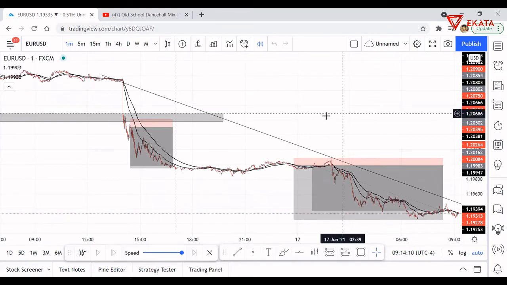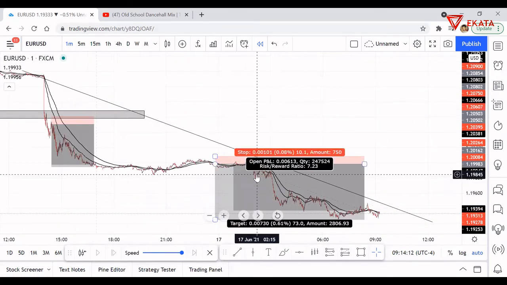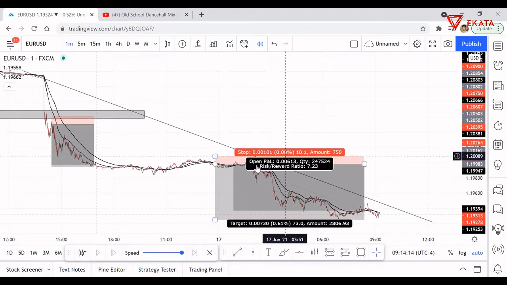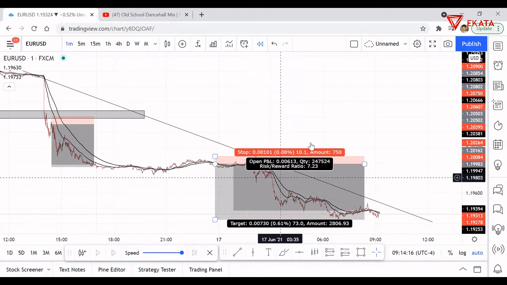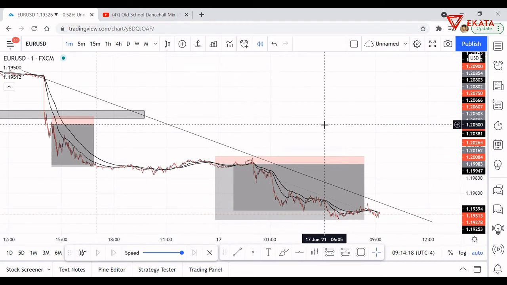Because of that, I'm able to not only use the previous direction, but a very simple entry technique to yield over 70 pips in my sleep. You all see that? Very easy. And you can see here that this is 70 pips that I didn't even think that I would have gotten, but it is what it is, right?